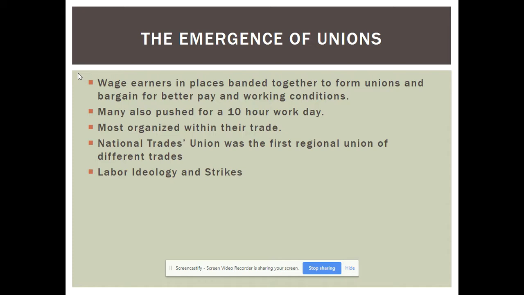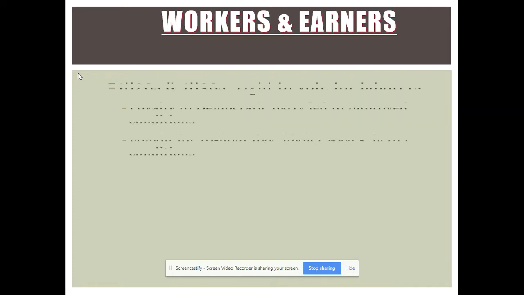But if all 100 of your workers were doing that, then the idea is that by bargaining collectively, the factory owner would be more likely to listen to you. But because they typically had the government's backing at the state level and even local level, unions were not going to be successful, because the factory owner had the backing of the state and local governments.